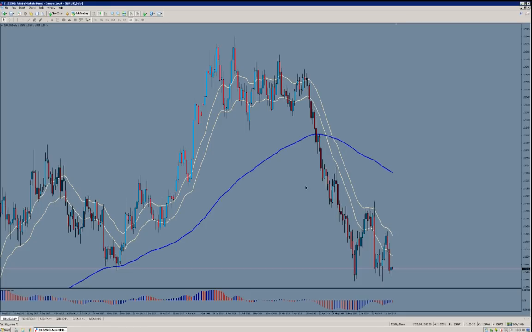If price is stretched far away from them, like for example here at this low point, the price had moved quite far away from the short-term moving averages, and was definitely quite far away from the long-term moving average.